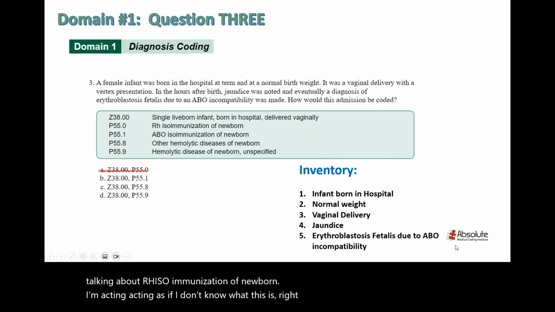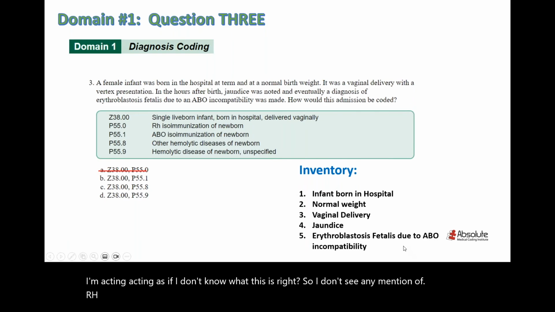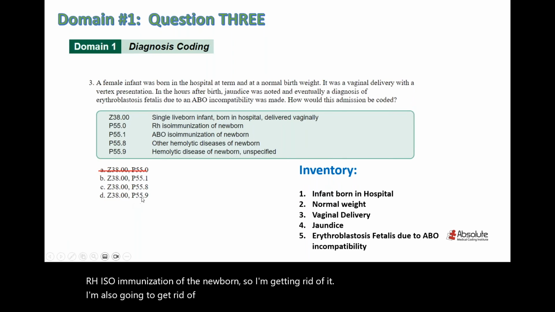I don't see any mention of RH isoimmunization of the newborn, so I'm getting rid of it. I'm also going to get rid of D, P55.9, because this is hemolytic disease of newborn unspecified.